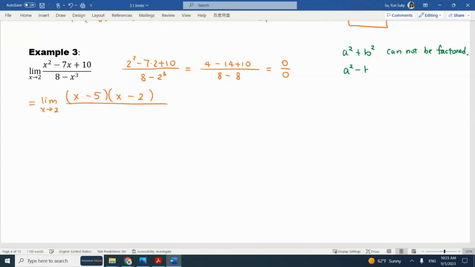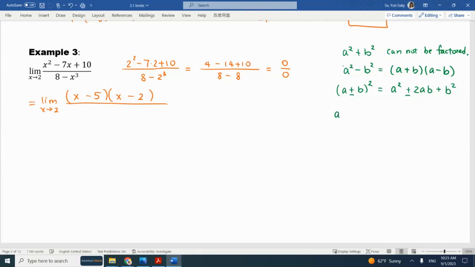But if you see a squared minus b squared, that's a plus b times a minus b. Okay, everybody? And complete square, a plus b squared is a squared, and then what? Plus 2ab plus b squared. Right, everybody?